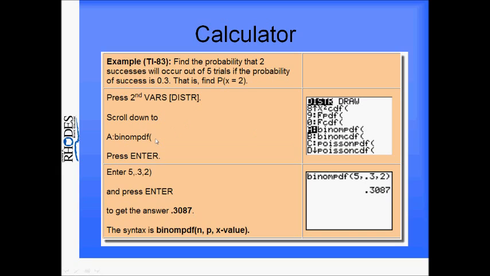So we hit binomial PDF, select enter, and then we type in 5, 0.3, 2, because it's sample size, which is 5, our P, which is 0.3, and 2 is the number of successes. You hit enter when you type that in, just as they show it over here. It comes to 0.3087. What that means is the probability of having 2 successes out of 5 is 30.87%.